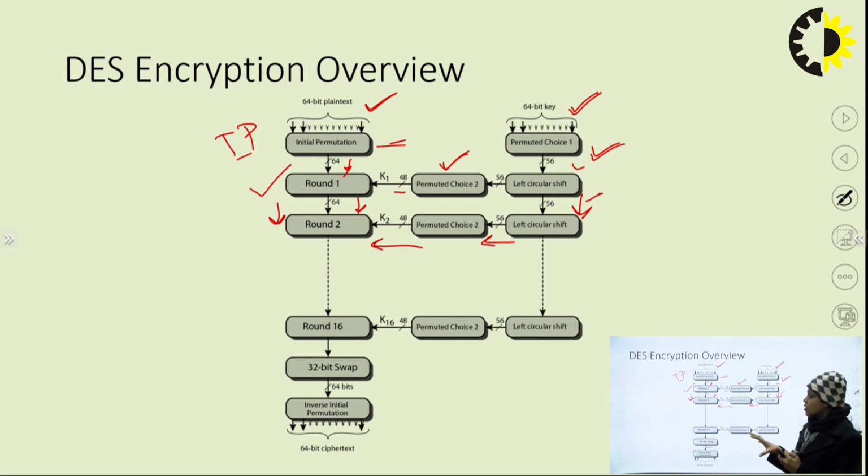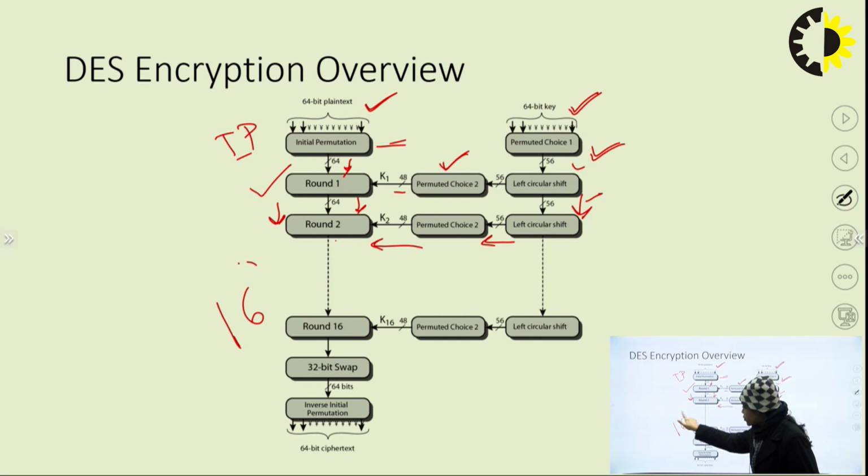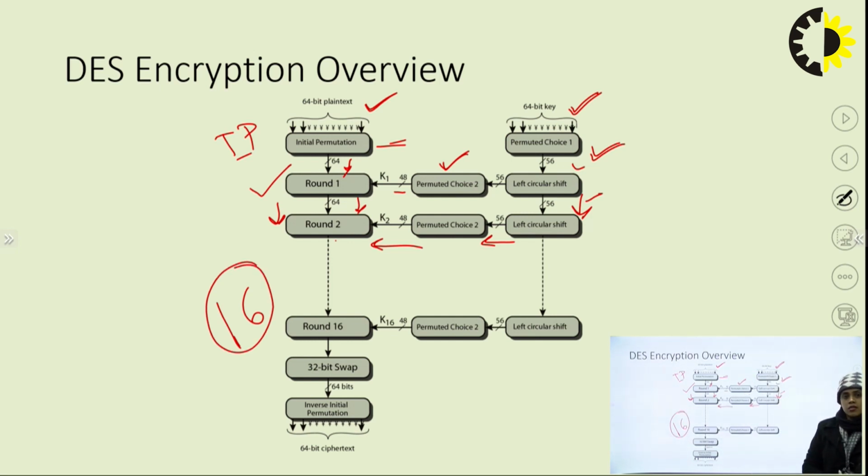So one by one, whatever plain text is processed on the left-hand side of our screen is processed with these keys. In each and every round we process it with a certain number of bits of the key. Here in round 2 again, the 64-bit plain text is processed with the 48-bit key. Side by side we will keep on doing it like this, and in total we are going to use 16 rounds in our DES encryption method.